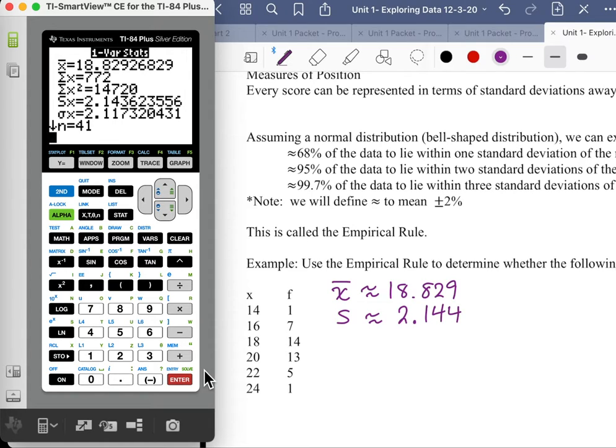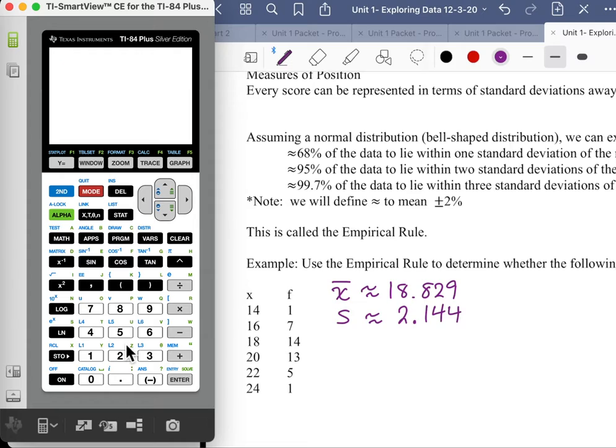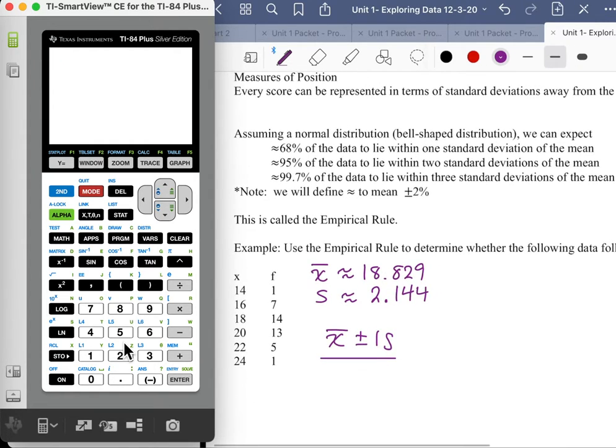All right. So in the TI, I'd run the computations, first computing X bar plus or minus 1S, then X bar plus or minus 2S, if necessary.